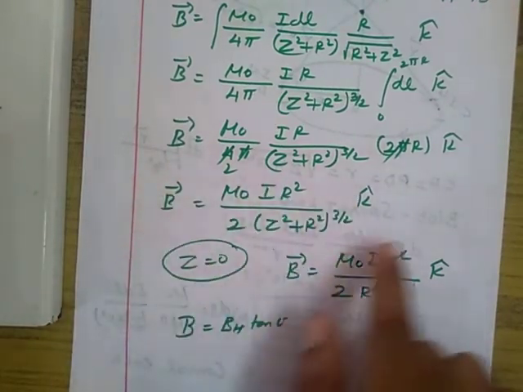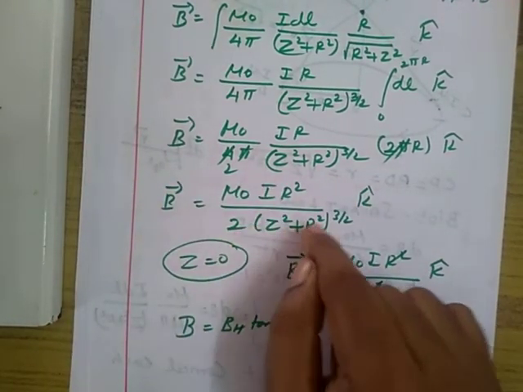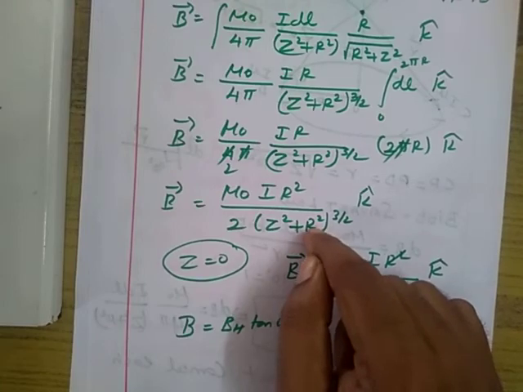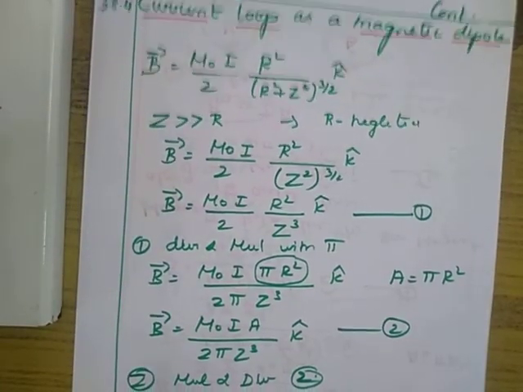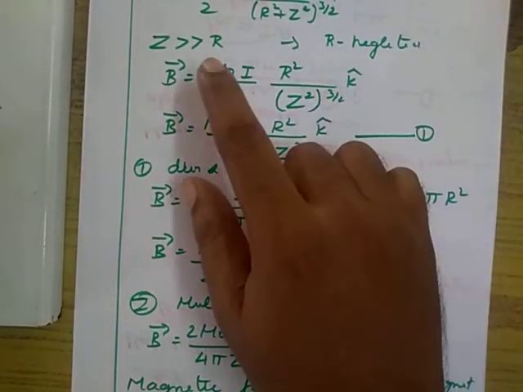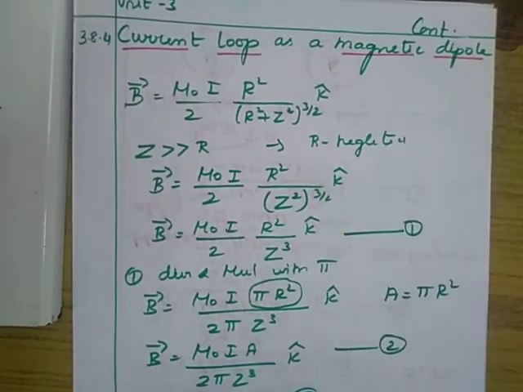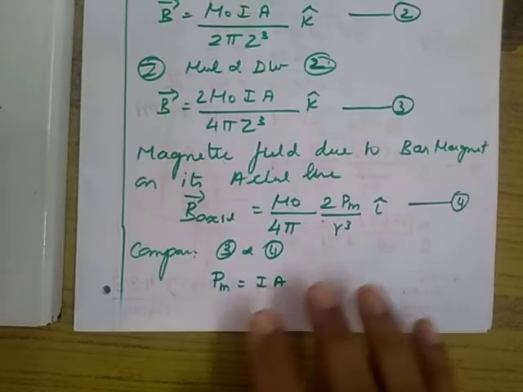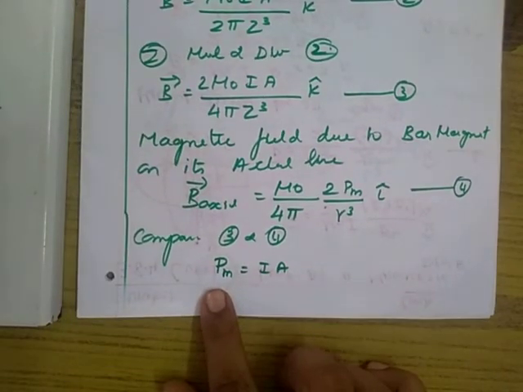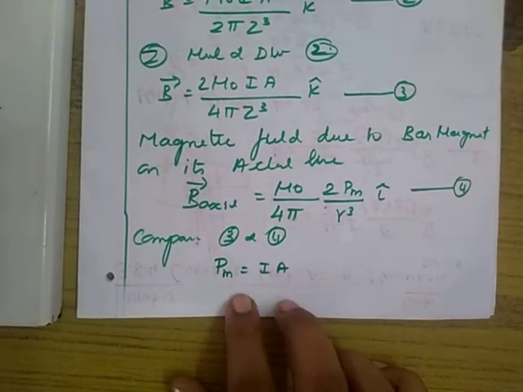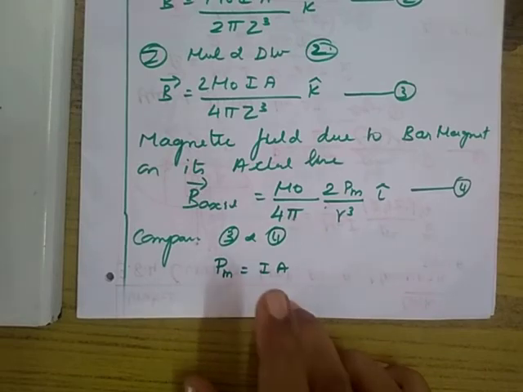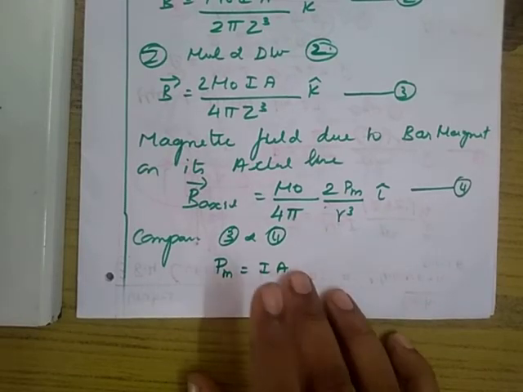This is a general expression for the magnetic field at any point due to the circular coil carrying current. Then we learned how a current loop behaves as a magnetic dipole. In that we found the magnetic moment, Pm is equal to I A. Here the magnetic moment is the product of current and area of that loop.